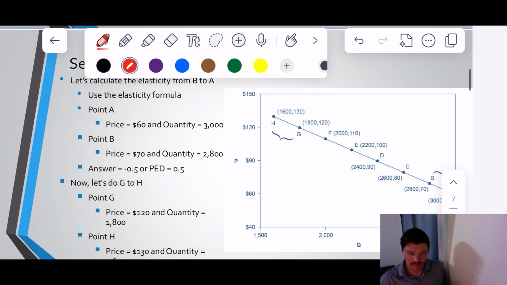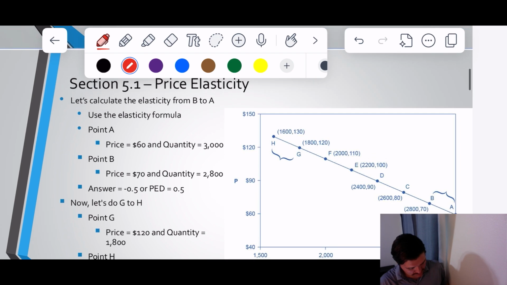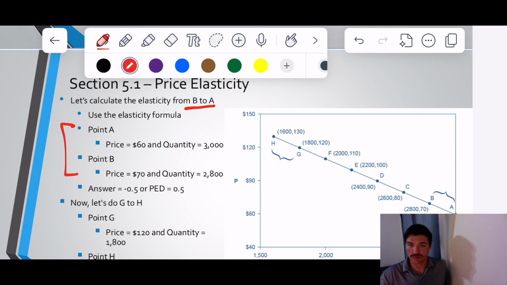On a graph here, we have the demand curve, and we're going to calculate the elasticity from B to A. So we're going to use our price and quantity numbers here to figure out what was new and what was old. So we're going from B to A. What is the old here?